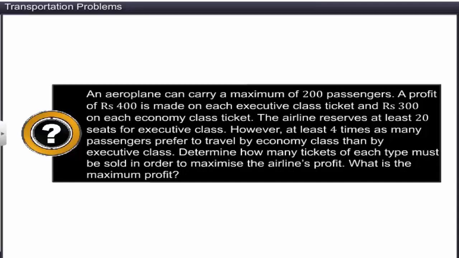However, at least 4 times as many passengers prefer to travel by economy class than by executive class. Determine how many tickets of each type must be sold in order to maximize the profit for the airline. Also, what is the maximum profit?